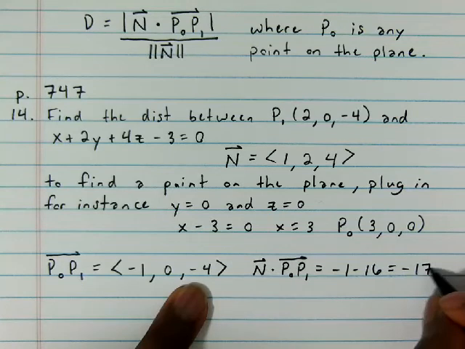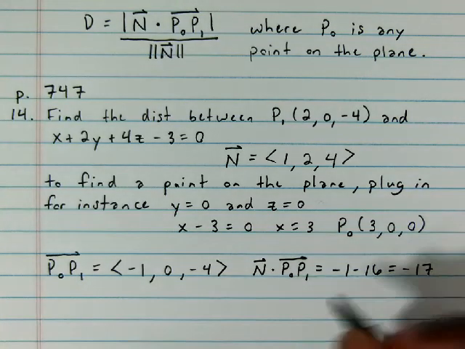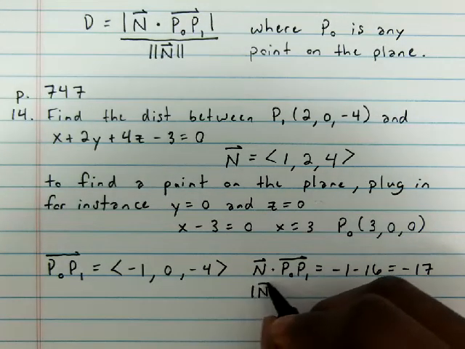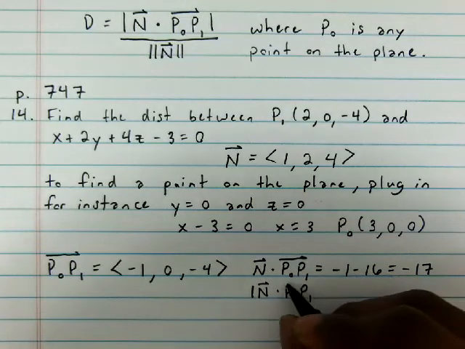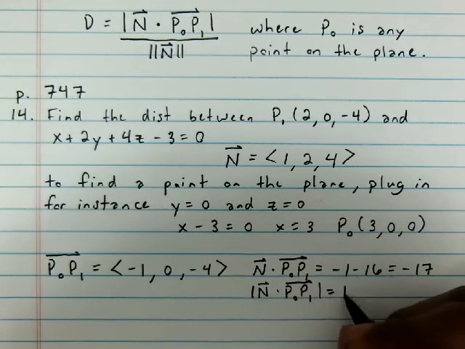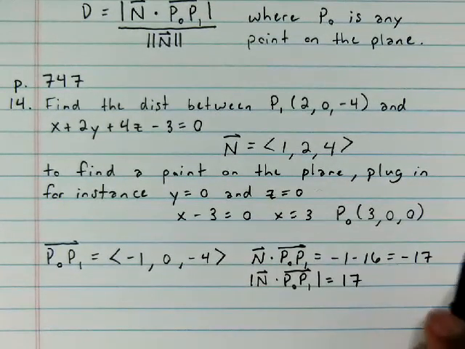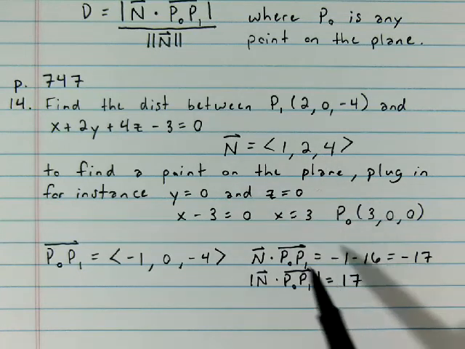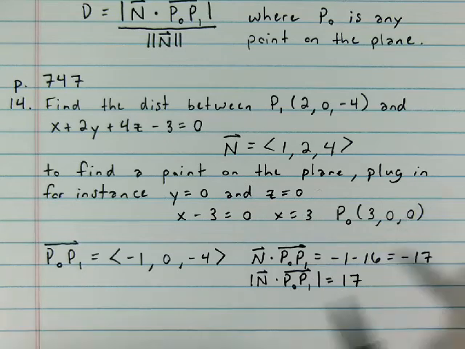So we get -17, and we have to take the absolute value of this, which gives us 17 there. And the only thing left to do is find the magnitude of n, and then do the quotient of this and that magnitude.